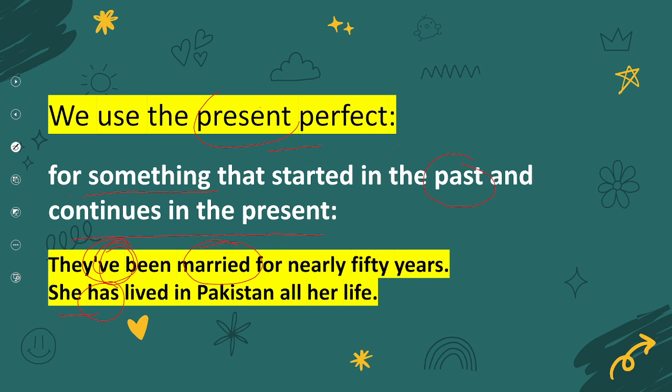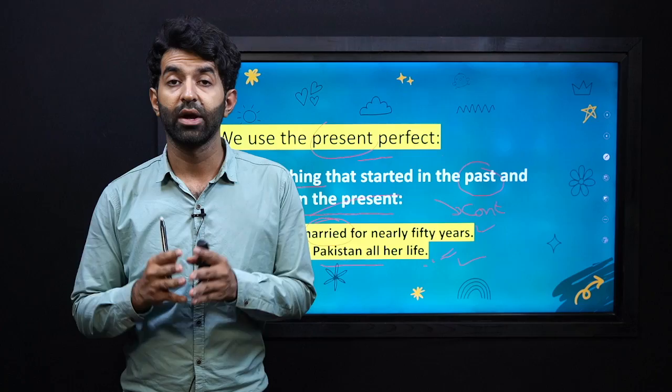She has, and the past participle form of live, which is lived in Pakistan all her life, and she is still living in Pakistan. She has not left it. They have been married for nearly 50 years and they still are. It means the action that happened in the past is still in the continuation. Same goes for here. So this is what we call our present perfect tense.